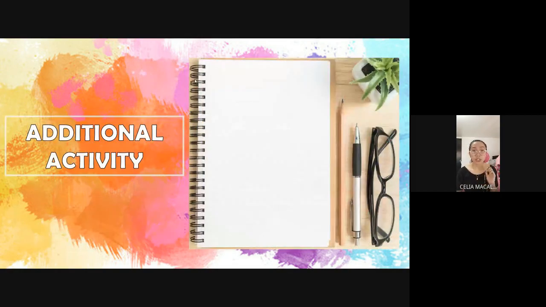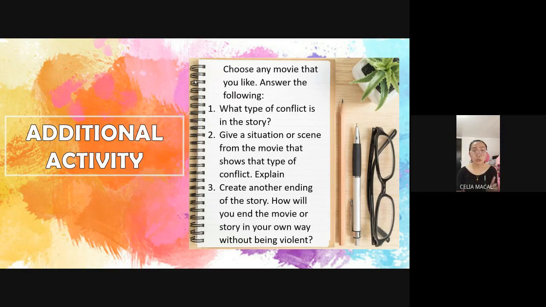Now, for us to practice what we have learned, we will be having our additional activity. You will be choosing a movie that you like, any movie that you like. Answer the following. Number one, what type of conflict is in the story? Again, it can be multiple conflicts, but you can just choose one.